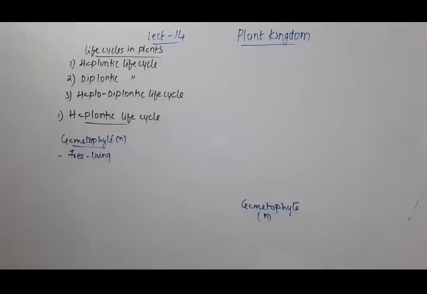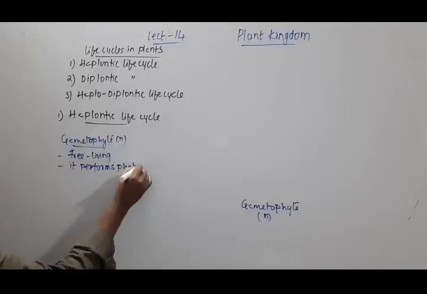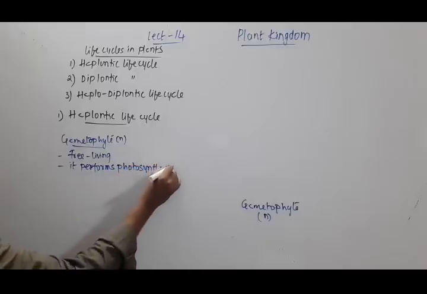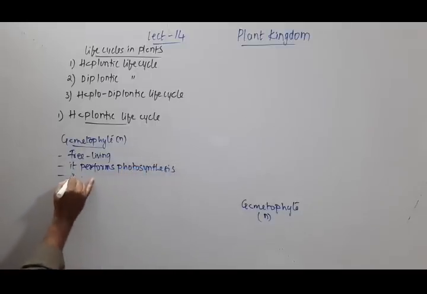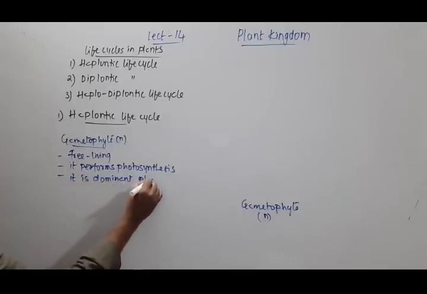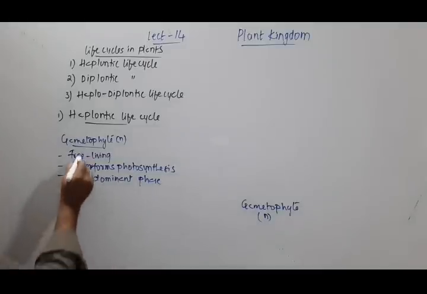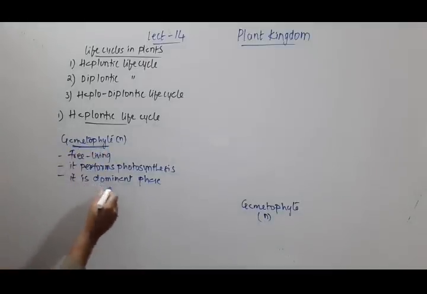Then it will perform photosynthesis. It has chloroplasts and is capable of performing photosynthesis, and it is the dominant phase. The plants that exhibit the haplontic life cycle have the gametophyte as the dominant phase.